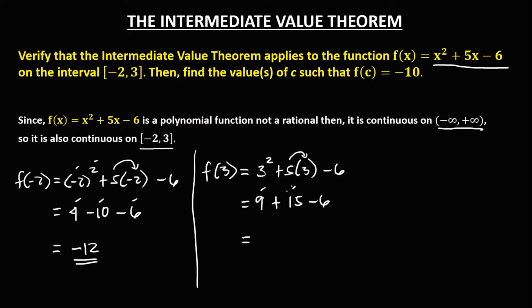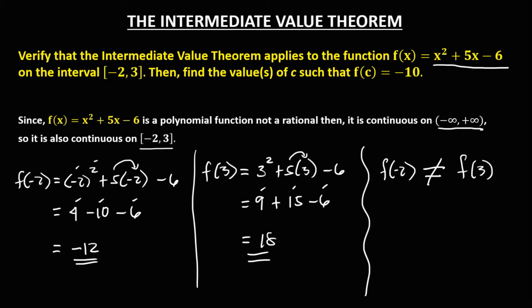Then 9 plus 15 is 24, and 24 minus 6 is positive 18. So observe that f of -2 is not equal to f of positive 3, because f of -2 is -12 and f of 3 is positive 18.